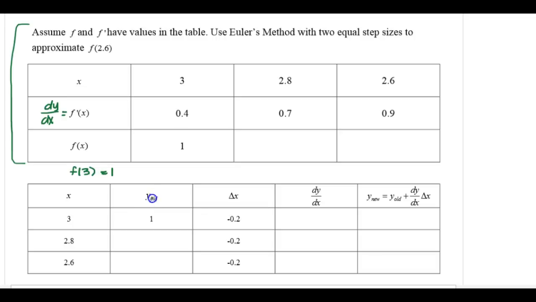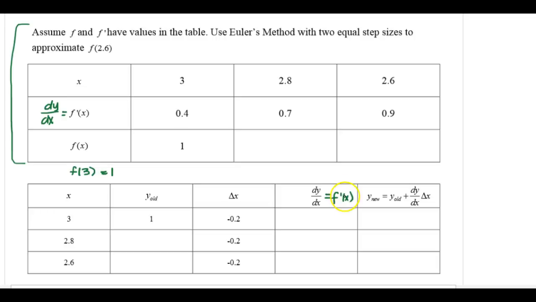Alright, so my starting x value was 3, my starting y value was 1, and my delta x this time is negative 0.2 because I'm going down 0.2 every time. So that also shows what's happening to my x values, right? 3, 2.8, and 2.6. So my dy dx is also my f prime of x, right?